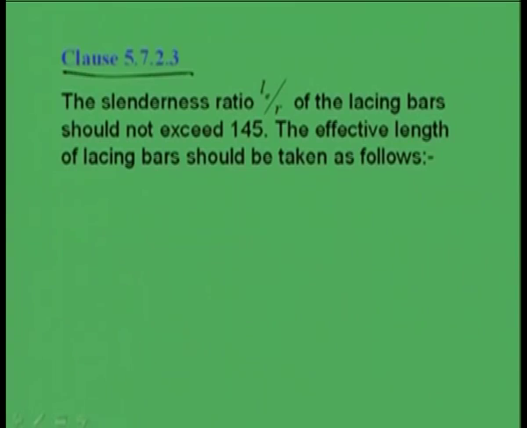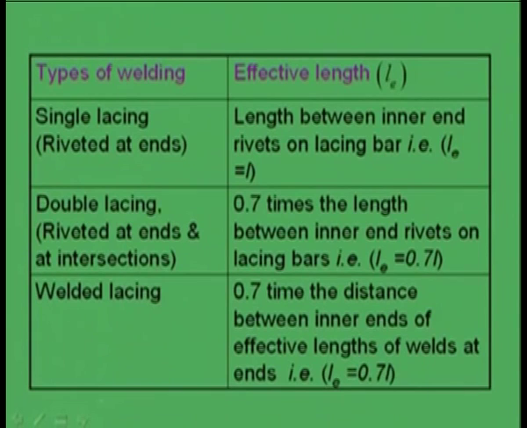Another thing is, in clause 5.7.2.3 it has been described that the slenderness ratio LE by R of the lacing bars should not exceed 145. This is another codal provision, and the effective length of the lacing bar should be taken as follows. That means the effective length depends on the type of welding or riveting.